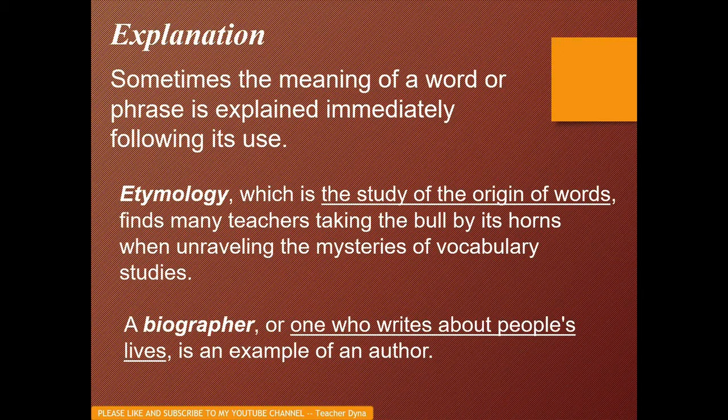Another example, a biographer. As you can see, after the biographer, we have the comma. A biographer, or one who writes about people's lives, is an example of an author. See, so the meaning of biographer here is one who writes about people's lives.